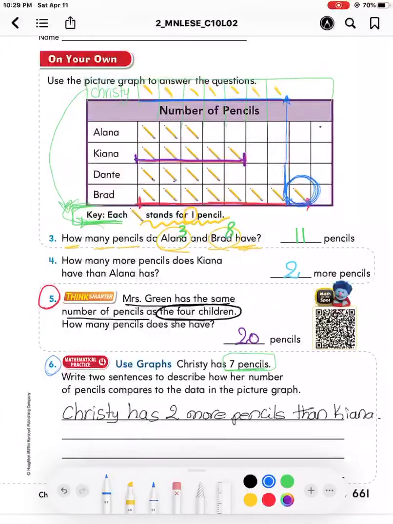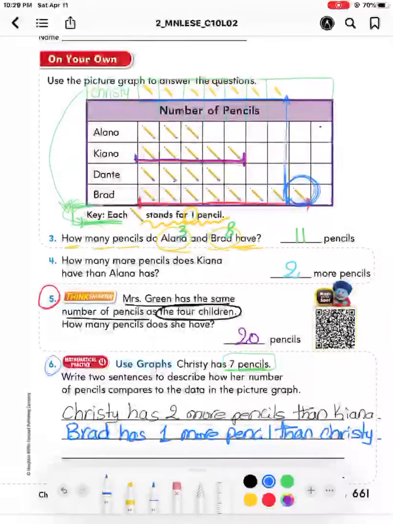So in the second sentence, we can say Brad has 1 more pencil than Christy. Okay, so as you can see here, we used the graph in order to compare Christy's data to Kayana and Brad.